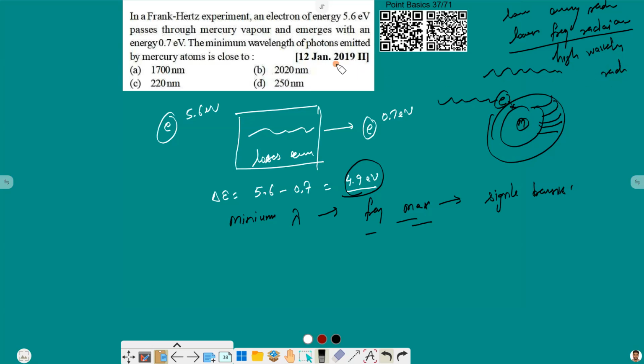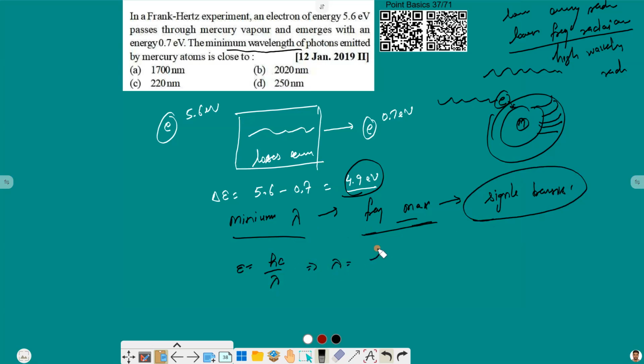But as per the requirement we need low wavelength, which means high frequency, and high frequency is only possible when we don't have multiple radiation, only a single transition.